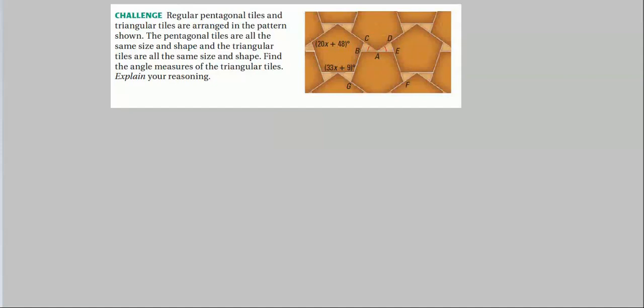Now, here's an interesting one where we're going to have to use some of what we learned in this section. And we're going to have to go back and remember some of the things we learned before, such as supplementary angles or linear pairs.